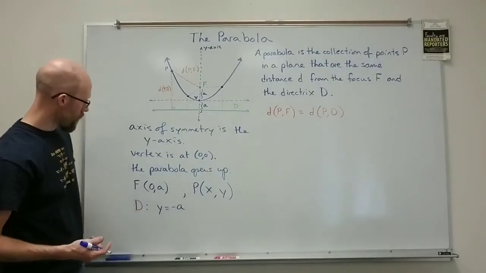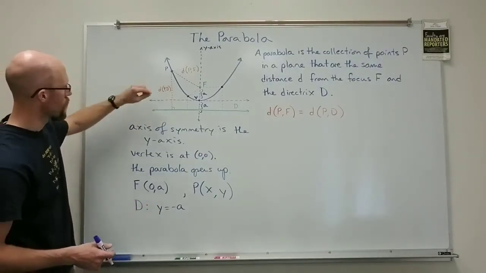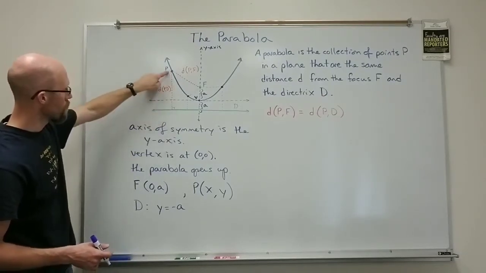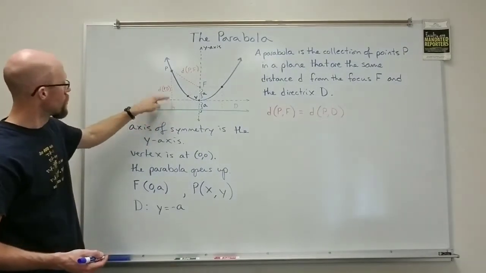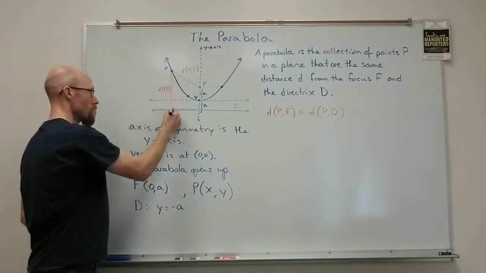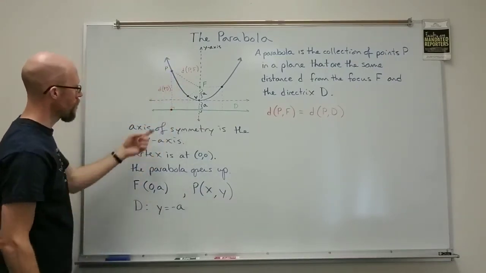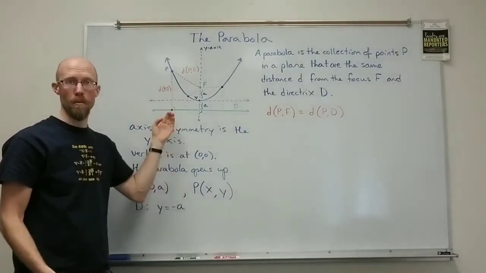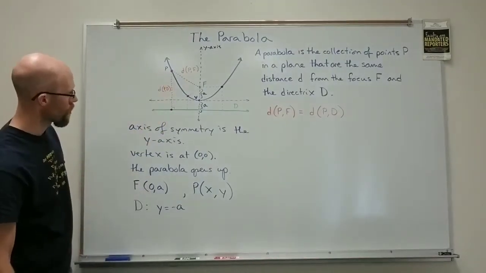Now that tells me that the distance from P to D, from the point to the directrix, is equivalent to the distance from the point P to the point that is directly beneath, or on the directrix but perpendicular to P, right, in a perpendicular direction here.